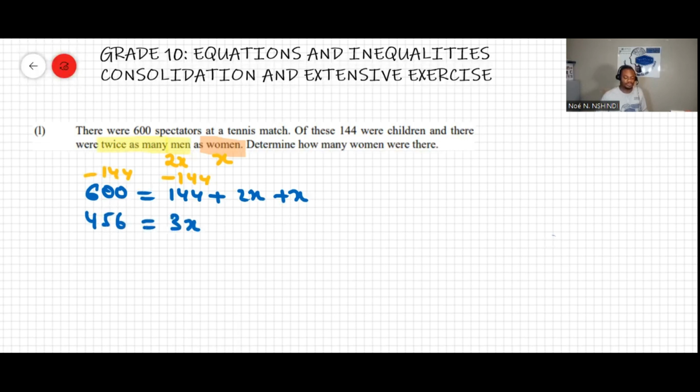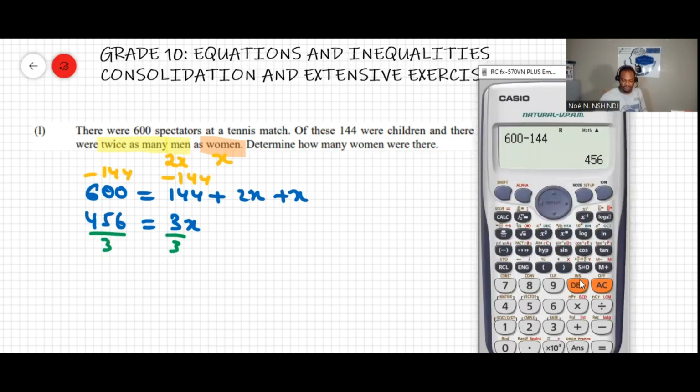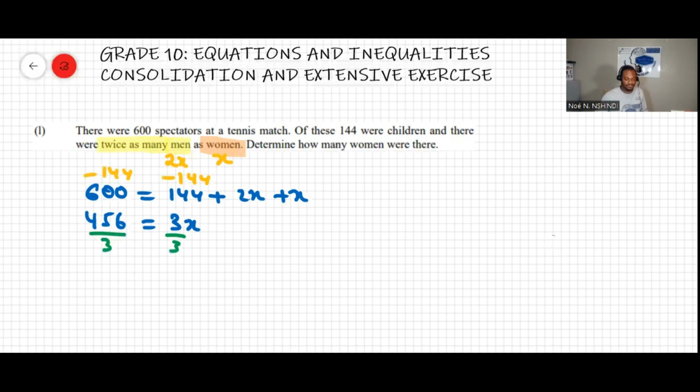So to get the value of x, we'll divide both sides by 3, and 456 divided by 3 will be 152. Just make sure, divide by 3. Yes, that makes 152. So this means x is equal to 152. Remember, we let x be the number of women. So therefore there were 152 women.